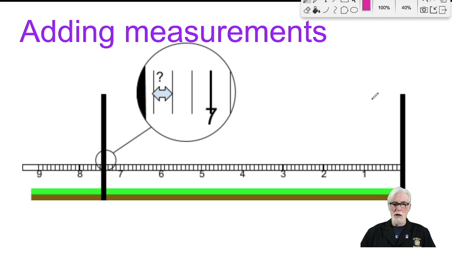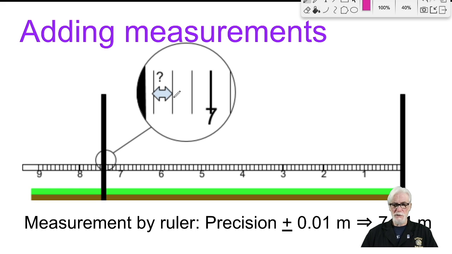Now let's say some workers come along and they're going to make the size of this field shorter because they have to move the fence. So they are not just pacing, they have a tape measure. They measure the distance between where the new fence is and where the old fence was, and they have the ability to read much more precisely. Here they have 7 meters, and then these markings are tenths of a meter, and so they can estimate within that and read this to the nearest hundredth of a meter.